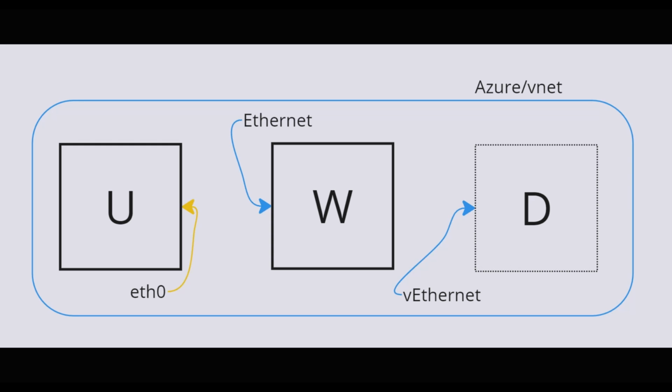But here's the thing. Even though we could ping the container from the Windows host, and we could reach the Windows host from the Linux machine, we are still missing packets. This is because the Windows host isn't forwarding packets.